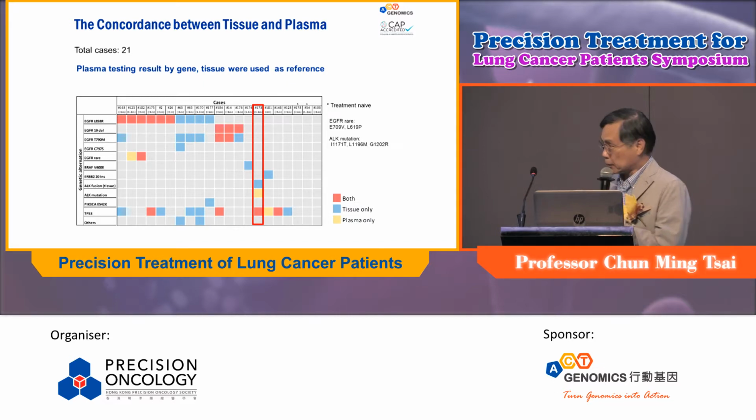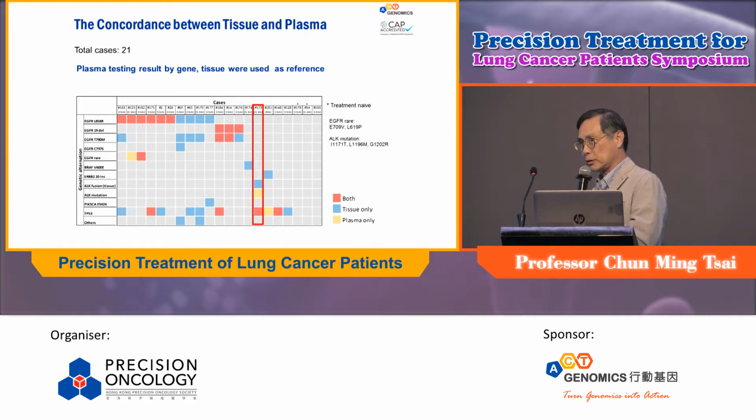And here we have 21 patients who have both liquid and tissue samples. And you can see the red part, that's the column, the different individuals. And the red part are where the gene was detected in both tissue and liquid.